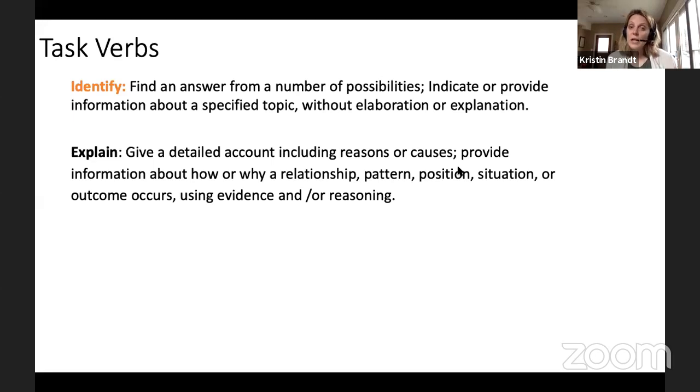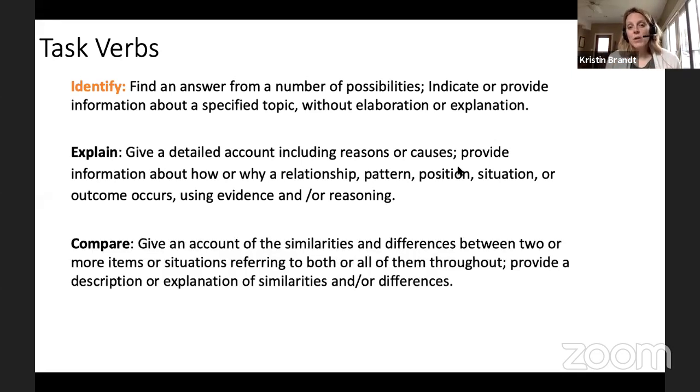But we're going to focus again on explain. So this is that detailed account. And so what I really need you listening to is not necessarily memorizing all the events. It's how am I telling the story? How am I connecting the scales? And that's part of this comparing as well, some of those similarities and differences. So I'm going to try some different stuff. So we'll go from there.